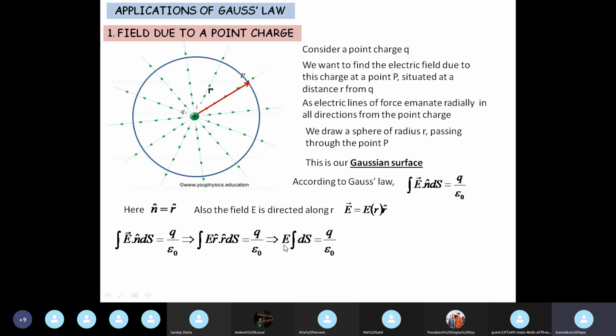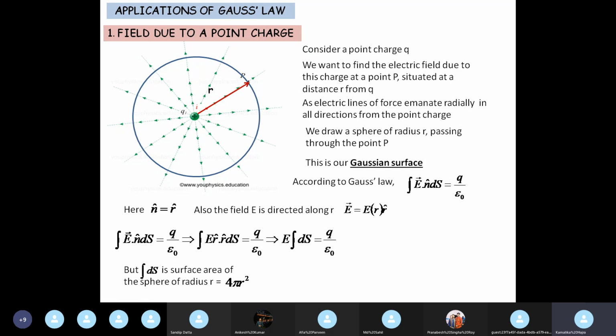So basically E comes out of the integration. So E integration ds equal to q by epsilon naught. Clear? E is a constant because r has the same value all over this surface. We are trying to find out E on this surface. This point P can be anywhere on the surface of this sphere.